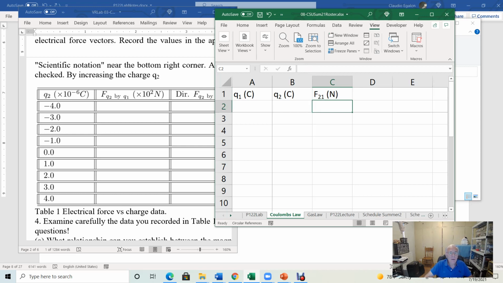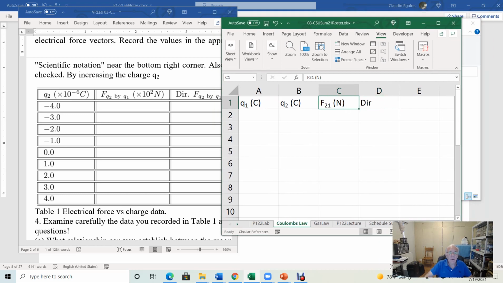And then you want the direction of this force. Direction of, either positive or negative, okay? You put either positive or negative. Here you go. Direction of F2. Then you do the same for the other one.